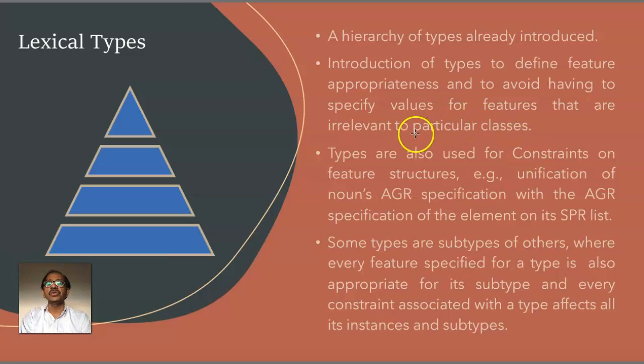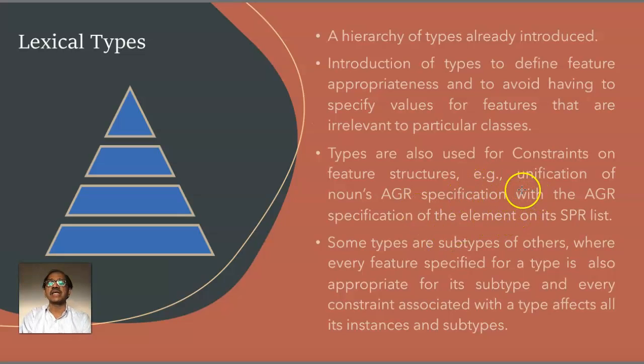class. We have also used constraints on each type, that is, each feature structure also contained certain constraints. For example, we have used a noun's AGR specification together with the AGR specification of the element on its specifier list. That is, the head value will contain an agreement feature which matches with the specifier value. That is, if the head noun is singular, we also need a singular specifier with it.